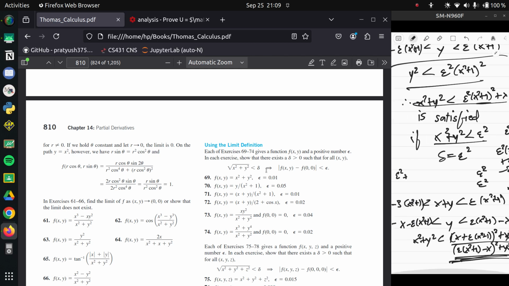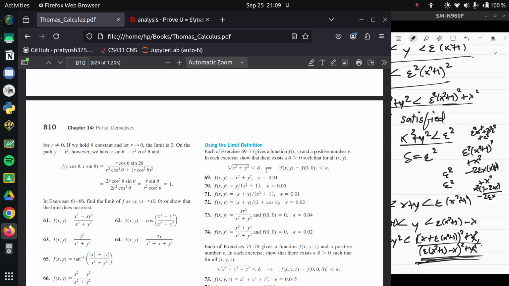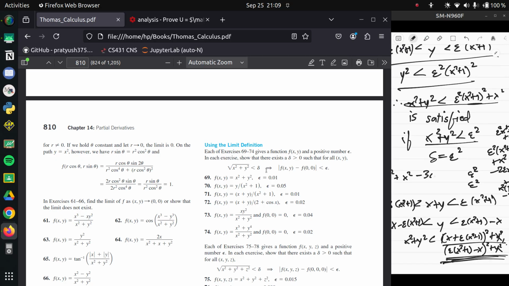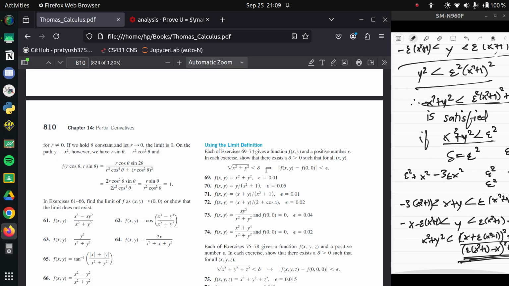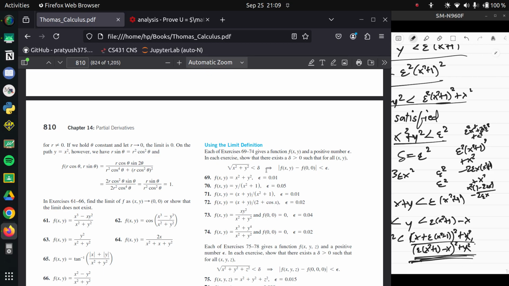And for this, you can have this epsilon square plus x squared, and then minus 2 epsilon x squared, which would be something like epsilon minus x squared. This doesn't work. This doesn't make sense because it's not working.